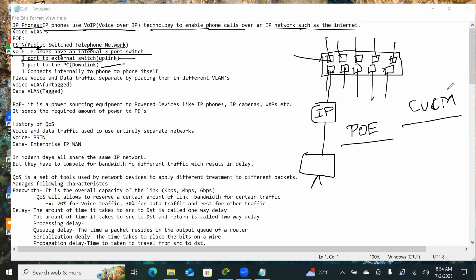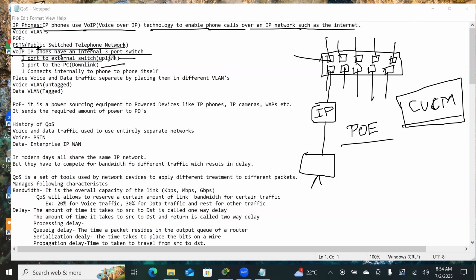No. You have to register this phone on the CUCM, that's a Cisco something. On that one, you are going to give the number, and you have to assign the IP address to that one. And through that only, it will allow you to connect to the other IP phones via internet.